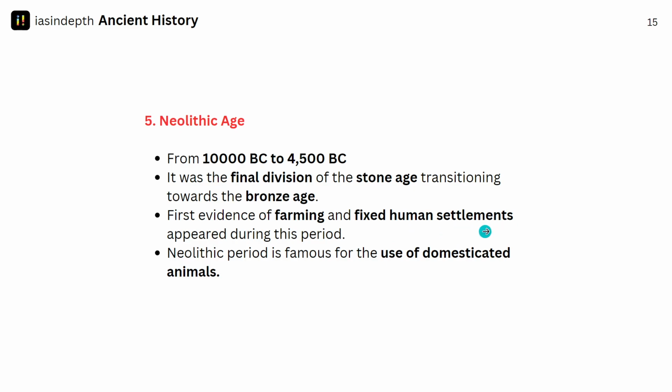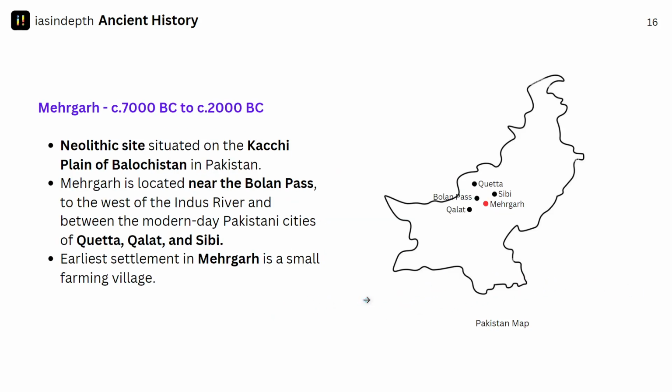So people started a sedentary lifestyle, and the Neolithic period is famous for the use of domesticated animals, pet animals like dogs, hens, etc. So people are using domesticated animals for the purpose of food as well as for protection of their farmlands. So there are two important purposes to domesticate animals, right?